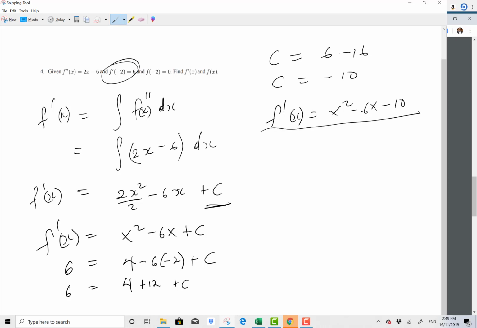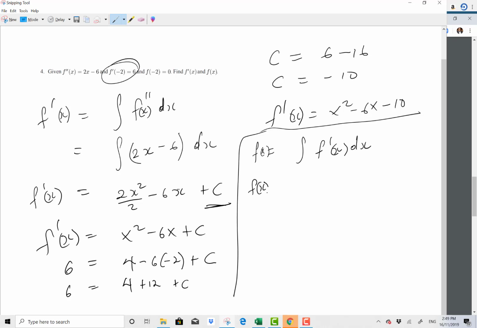Now let's find f. That's the next thing that we need to find. To find f, I know that f of x is going to be the integral of f prime of x with respect to x.